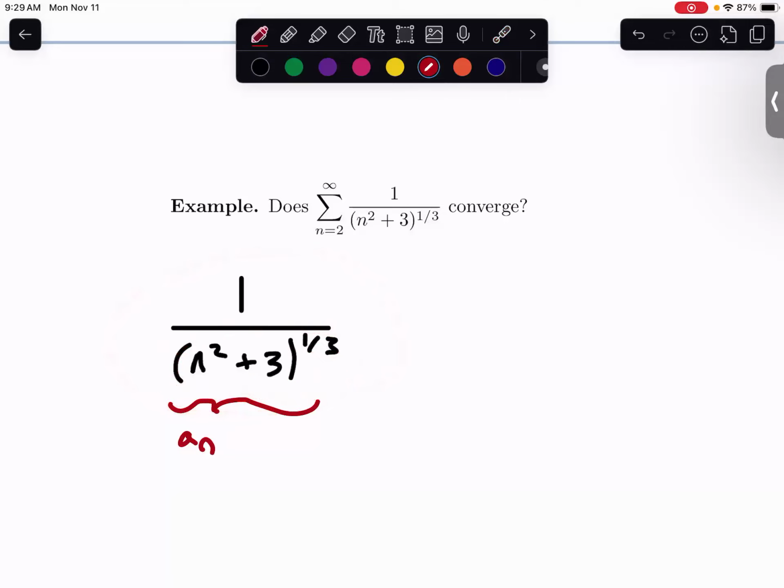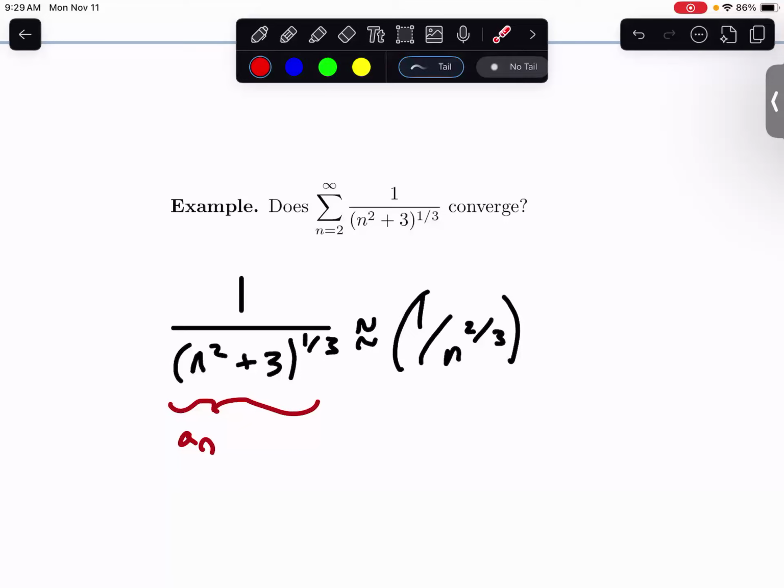This is kind of like having 1 over n to the 2/3 power. This is kind of what we have at the moment. And we know that this ends up diverging as a p series where p is equal to 2 over 3, which is less than 1. So this should end up being a divergent series.